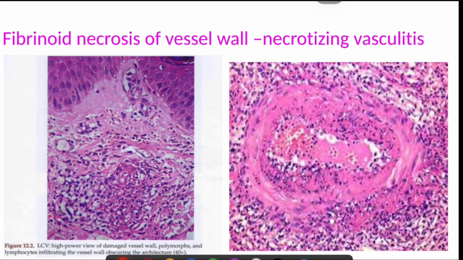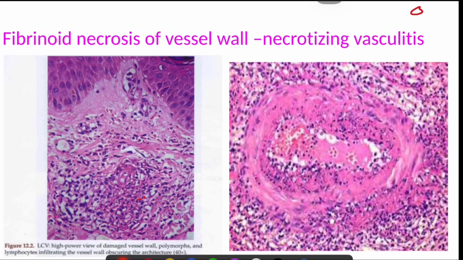This is called fibrinoid necrosis of the vessel wall, where the wall is damaged and some polymorphs and lymphocytes are infiltrating into it and obscure the wall lining.